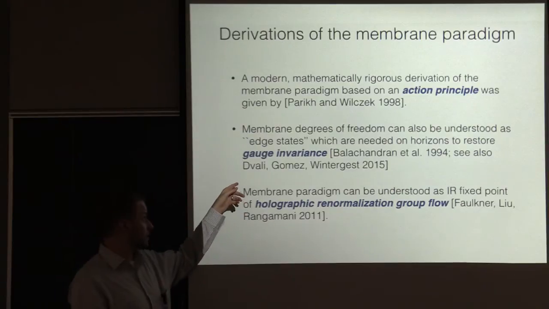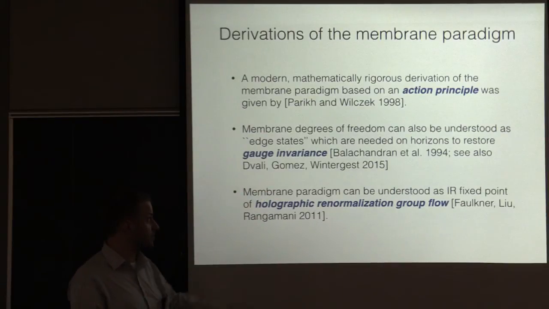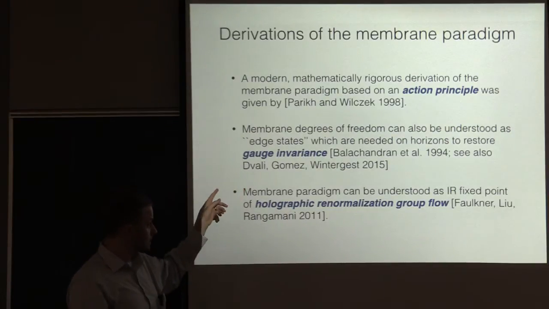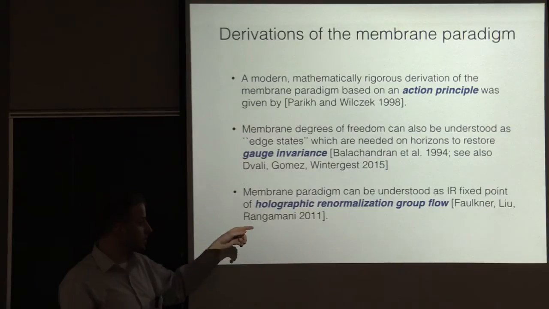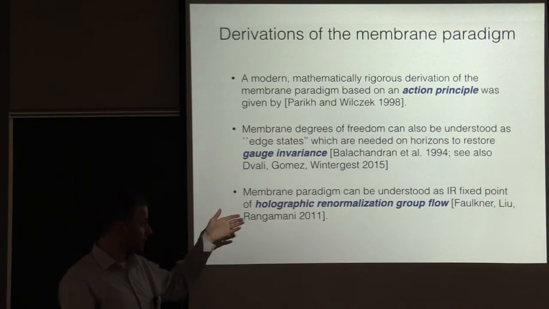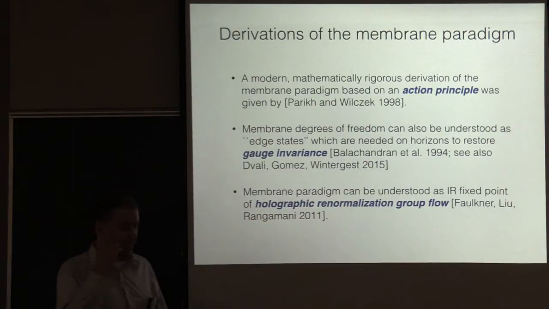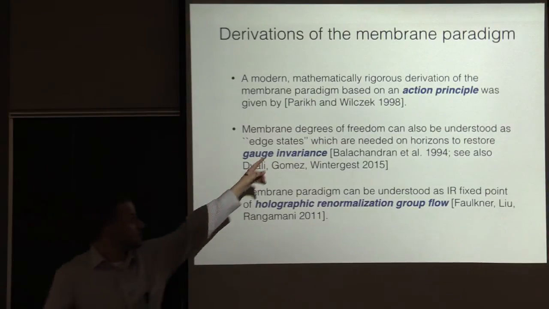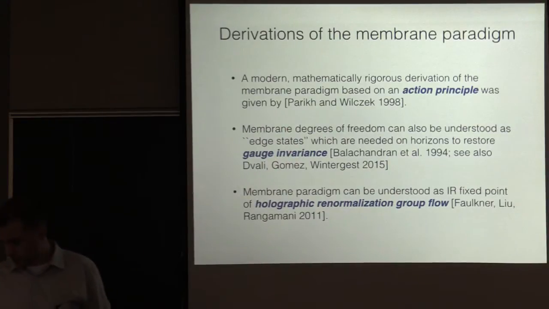And it's related to something that Gia talked about in a paper very recently, with breaking gauge invariance and needing extra edge states. And then Hong Liu, who spoke here on Wednesday, has also written about the membrane paradigm. And in his language, it's derived as an IR limit of a renormalization group flow in a holographic setup. So there are all different ways of thinking about it. But that's a good paper to start with if you want to actually learn it well.